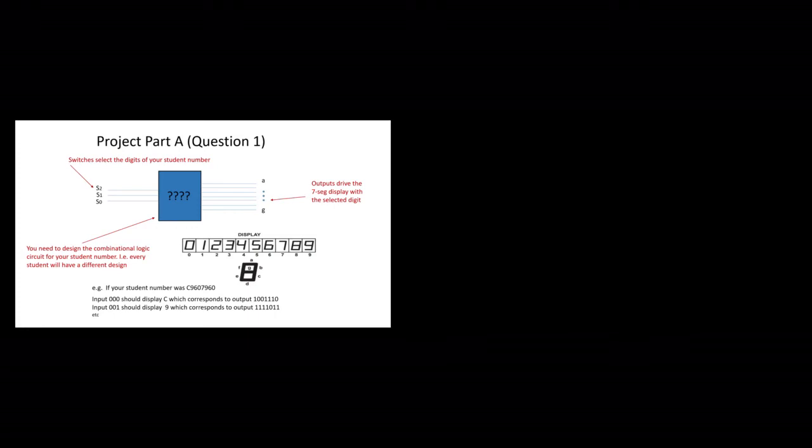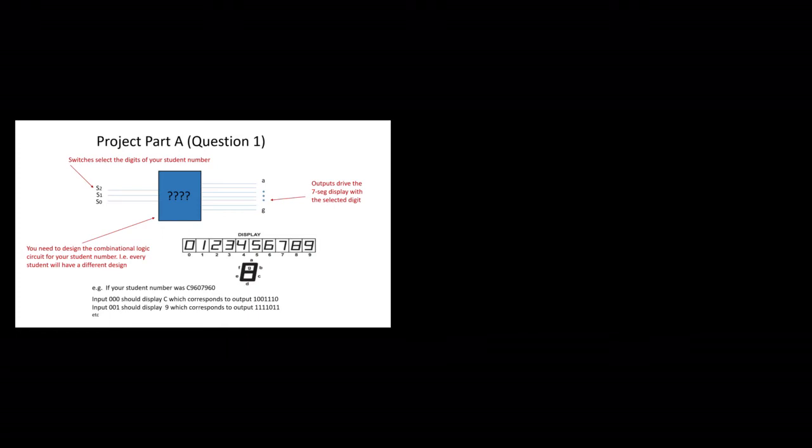So it's a little bit like the BCD to 7-segment decoder that we just saw, but it's a specialist BCD to 7-segment decoder designed just for your student number. Won't be of any use to anyone else, but if you want to output the digits in your particular student number, this decoder is for you.